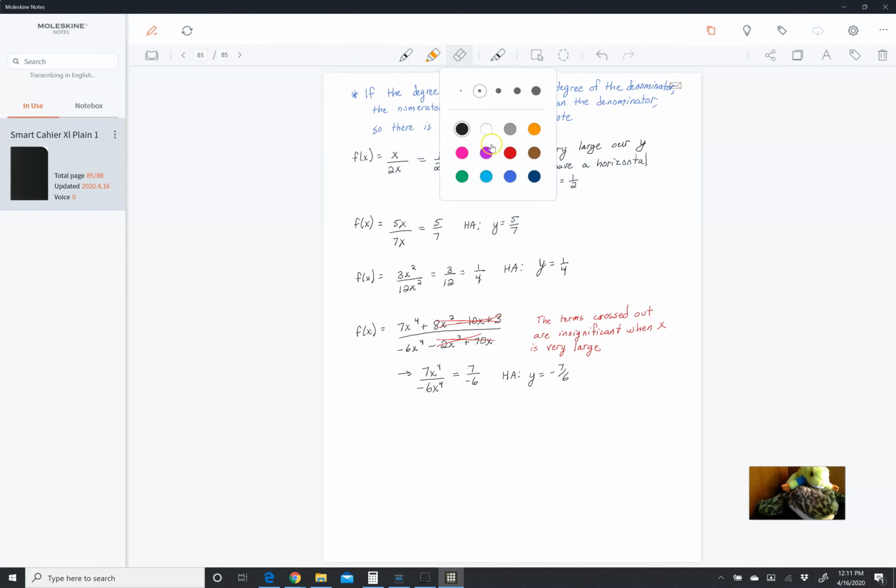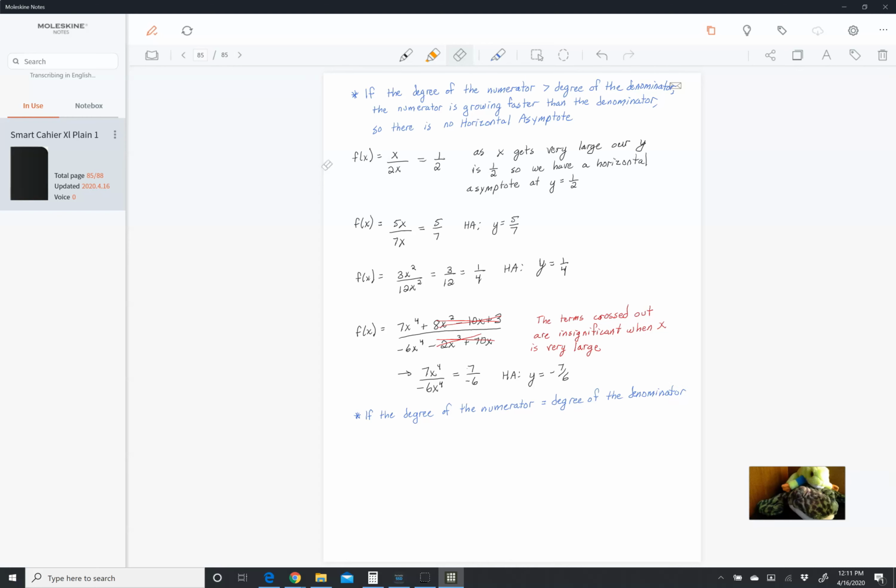So this is the last case. If the degree of the numerator equals the degree of the denominator, that means the numerator and denominator are growing at the same rate.